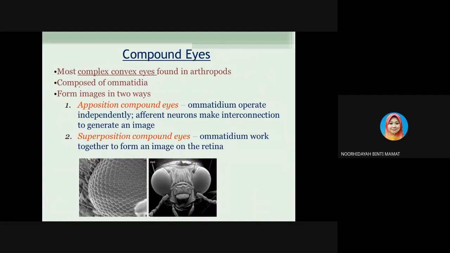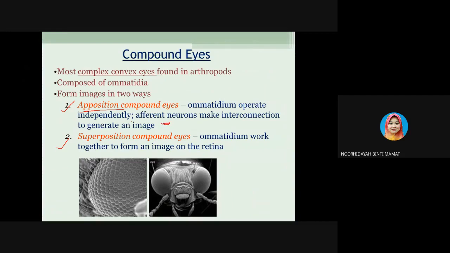They are composed of ommatidia, and they form images in two ways. The first is apposition compound eyes. The second is superposition compound eyes. In apposition compound eyes, each ommatidium operates independently, and the afferent neurons make interconnections to generate an image.